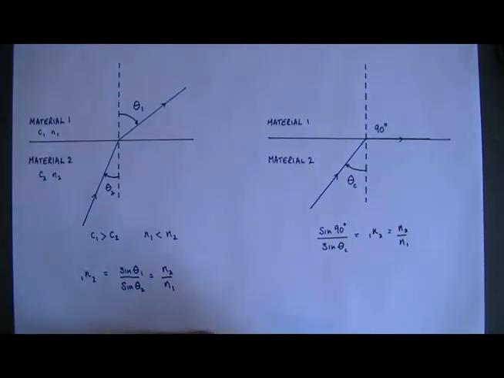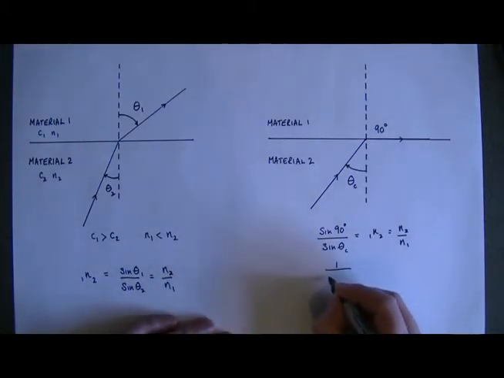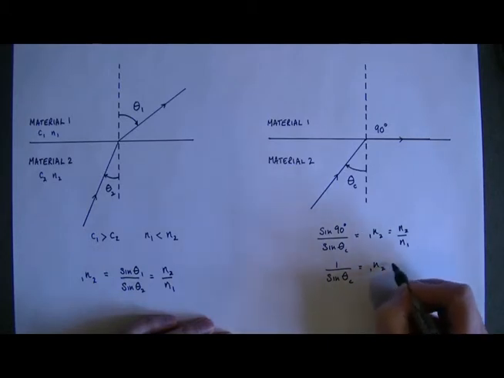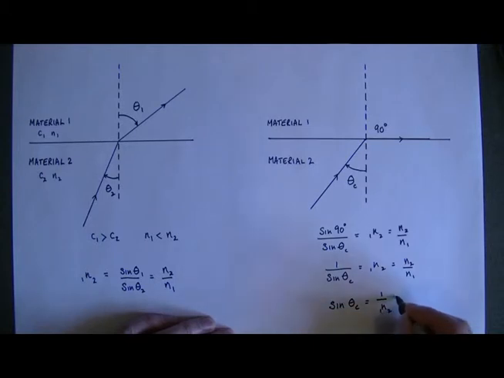Again, remember, sine of 90 is 1, so that's 1 over sine theta c equals n from 1 to 2, which equals the absolute refractive index n2 over n1, and I can just rearrange that to get sine theta c equals 1 over n from 1 to 2, which equals n1 over n2.